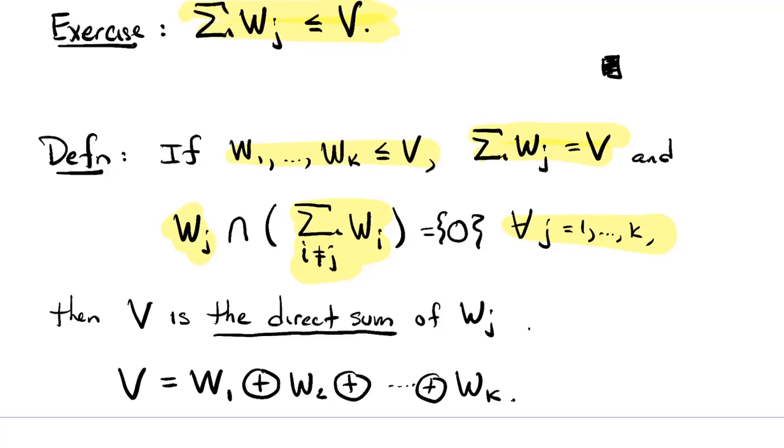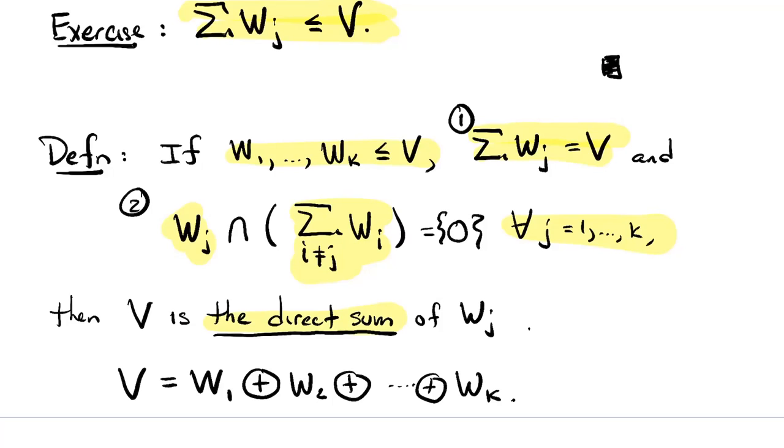V is a direct sum of the Wj's if, one, it's a sum, so everything in V is expressible as a sum of vectors in the W's, and two, they're independent in the sense that if you intersect any one of these subspaces with the sum of the other ones, they have nothing in common except the zero vector. When that's the case, we call this the direct sum.